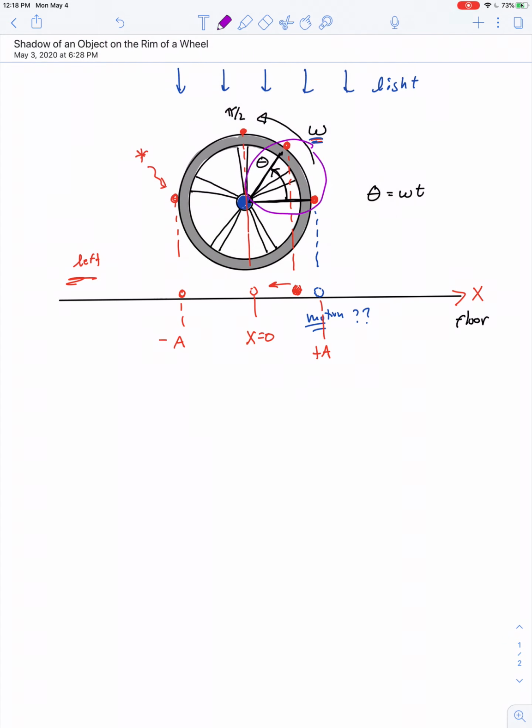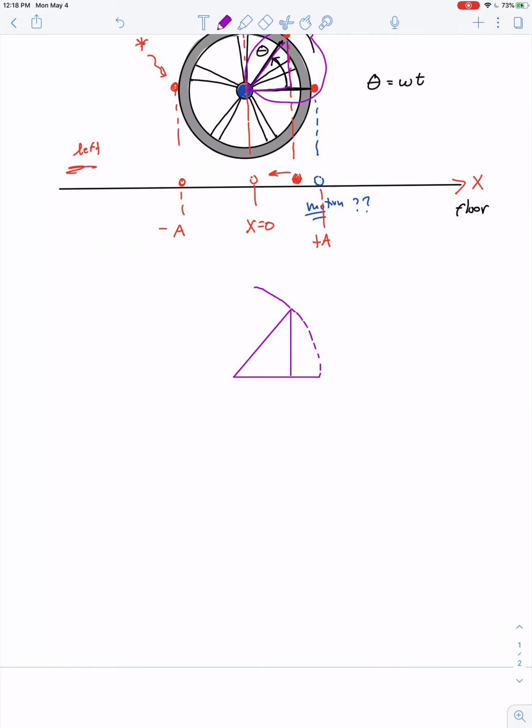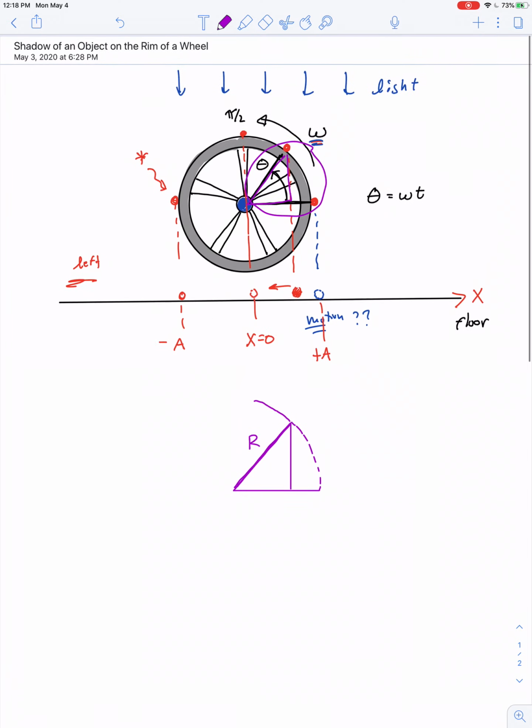Let's look at this in more detail. I see a right triangle, so zoom in on that. That dashed line represents the motion along the circular path, so this is nothing more than the radius of the wheel.